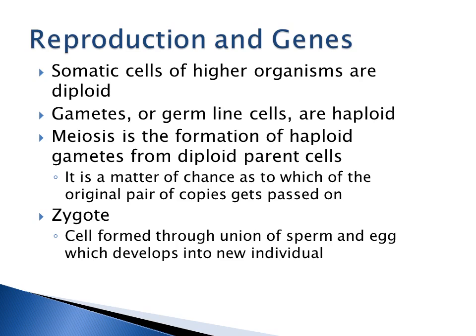It's a matter of chance as to which original pair of copies gets passed on, which is why siblings vary in their phenotype, in the way that they look, the way their genotype is deciphered. Your zygote is the cell that's formed when the sperm and egg unite, and that's what forms a new individual.